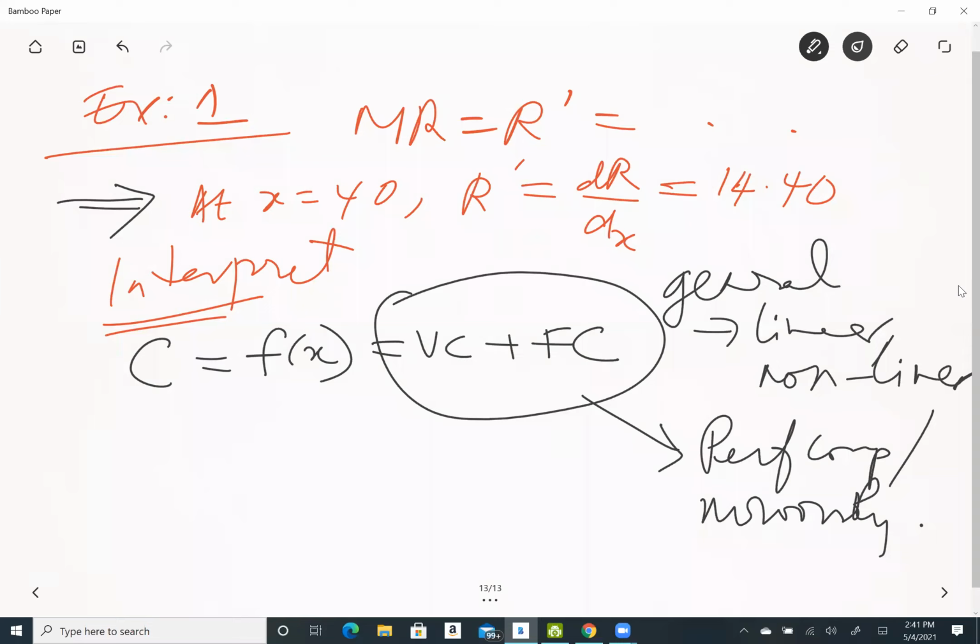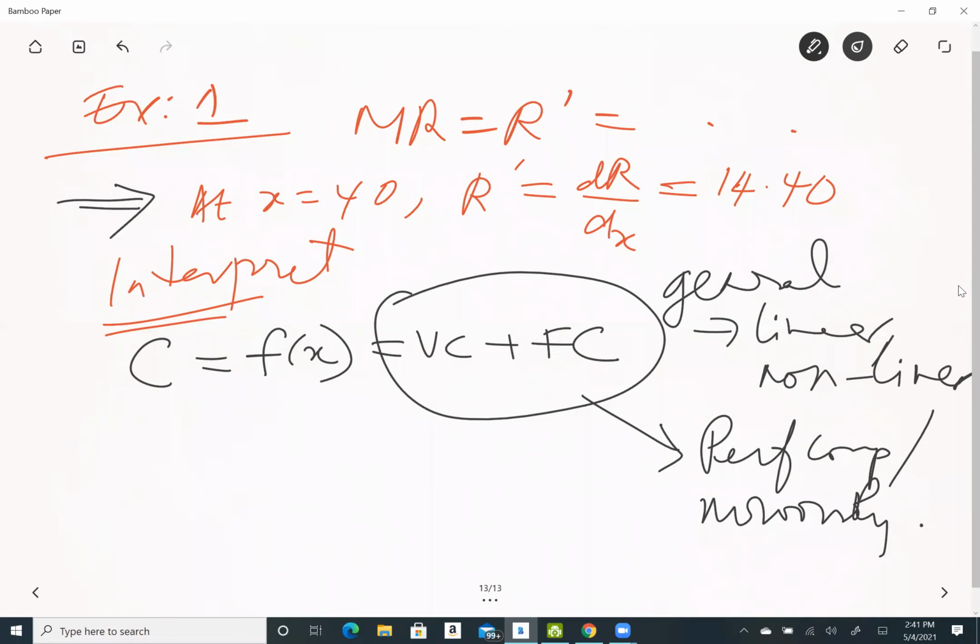All right. If you look at example number 3, you are given the cost function. The one on the top part is a linear cost function, so it is very easy to get the derivative. In example number 3, the cost is a cubic function. What is the marginal cost?